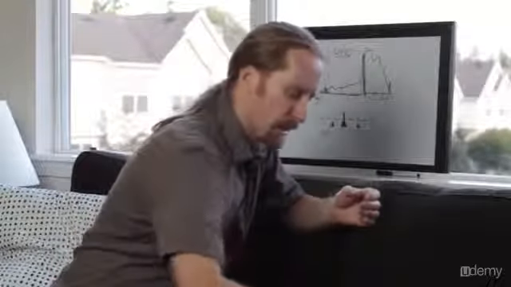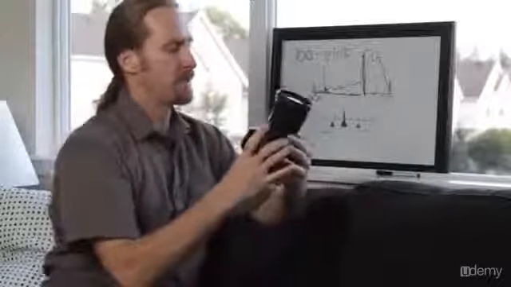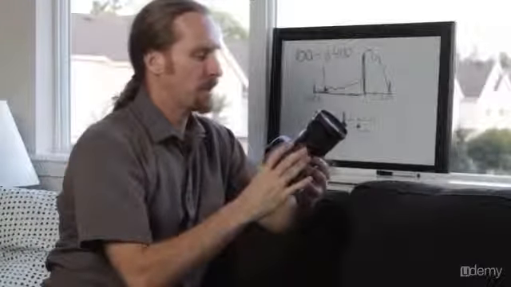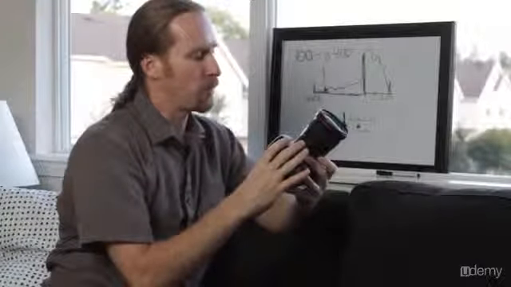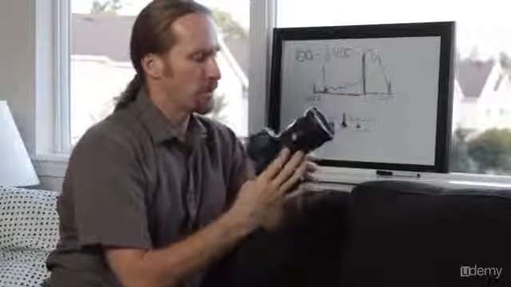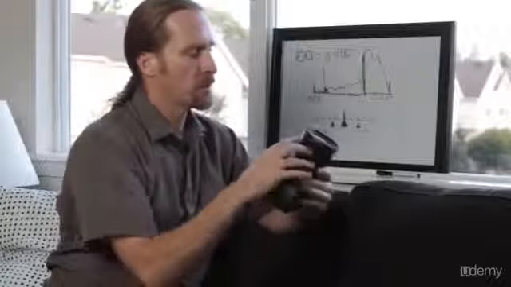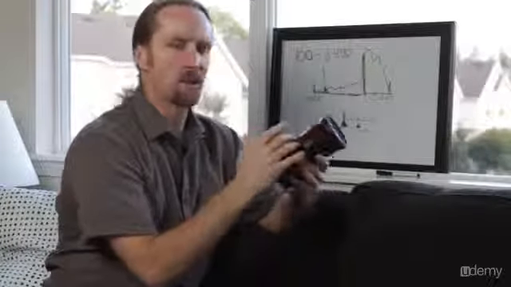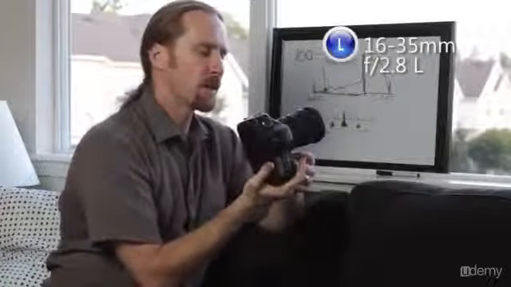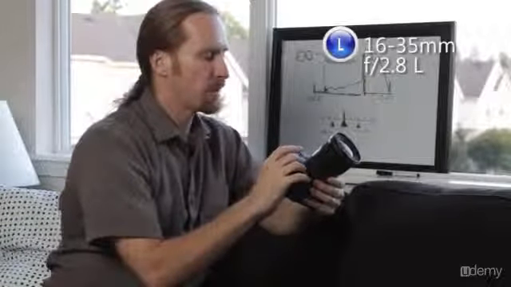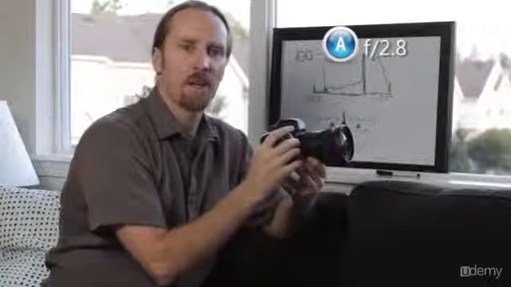Now you get other lenses like the one on here, which has a fixed aperture or fixed f-stop. Whether you're on 16 or on 35, the maximum aperture can stay at 2.8. So this lens is a 16 to 35 f2.8 lens, which means 2.8 is the widest aperture it can have.